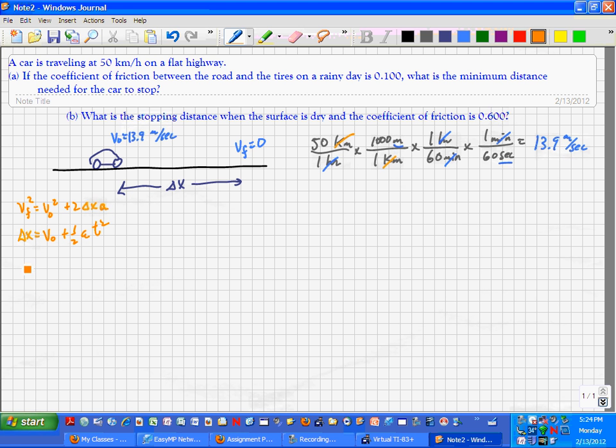And I've got V final is equal to V initial plus A t. I don't have time, so I'm thinking that these two equations aren't going to be very useful.